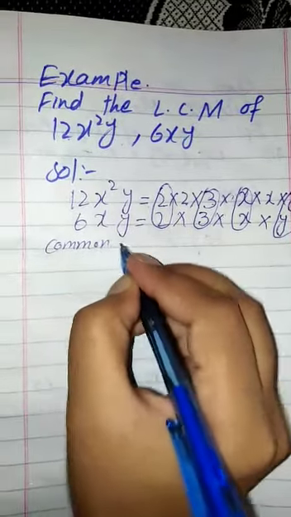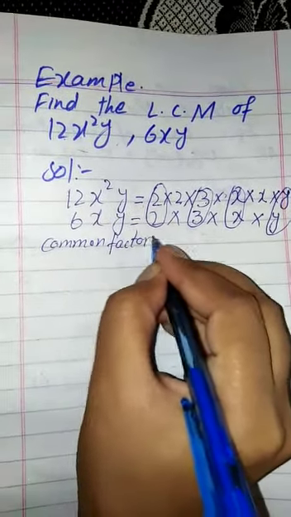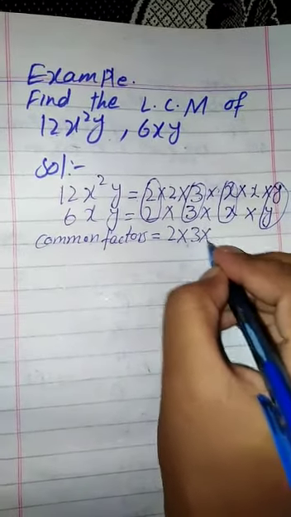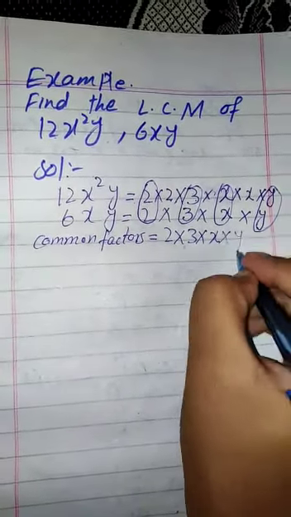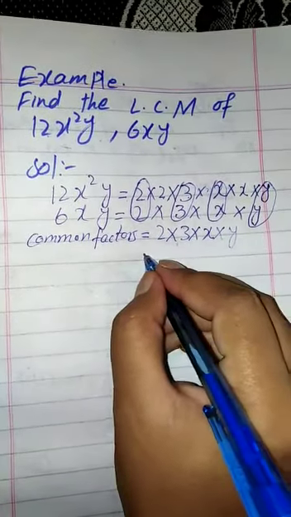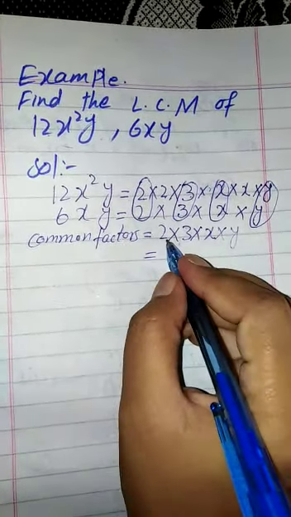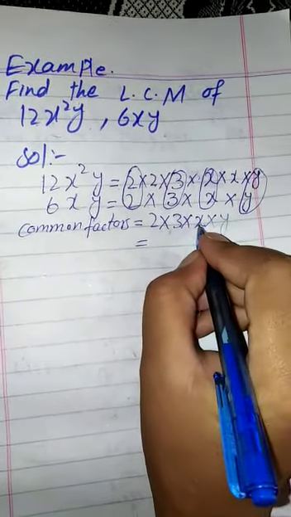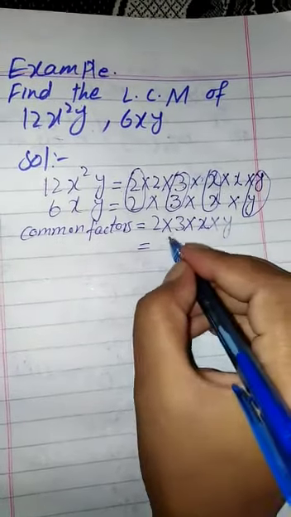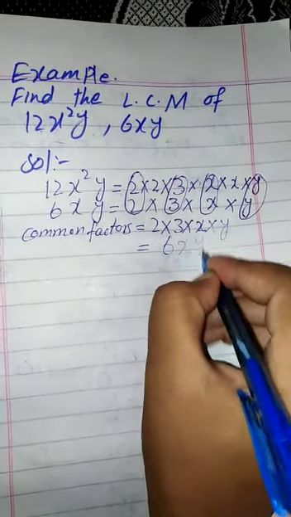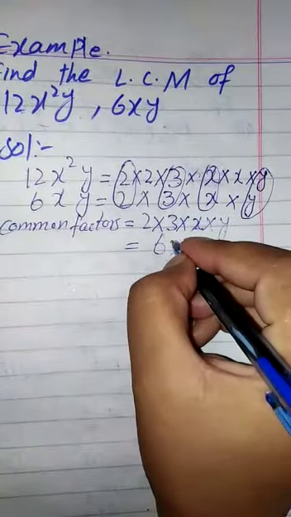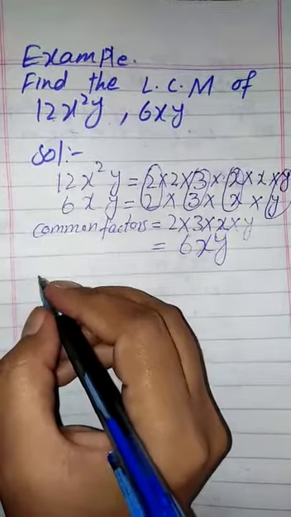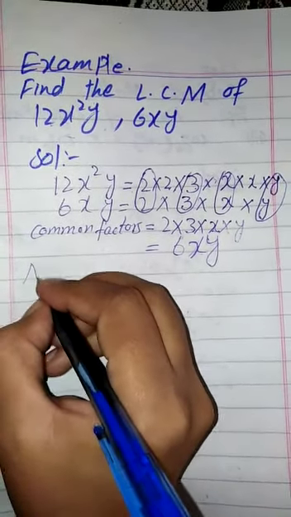Common factors are equal to 2 multiplied by 3 multiplied by x multiplied by y, which is equal to 2 3s are 6. 6 multiplied by x is 6x. 6x multiplied by y is 6xy.